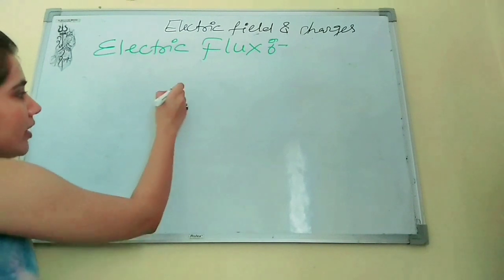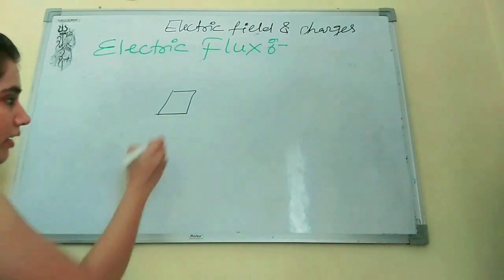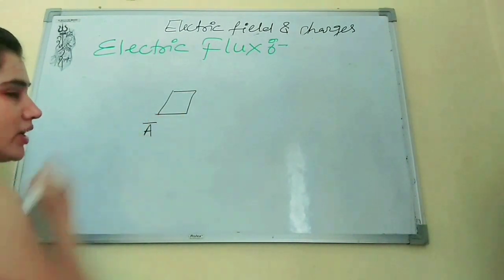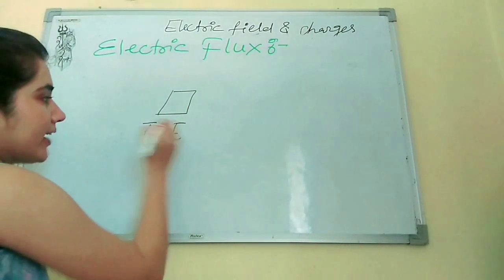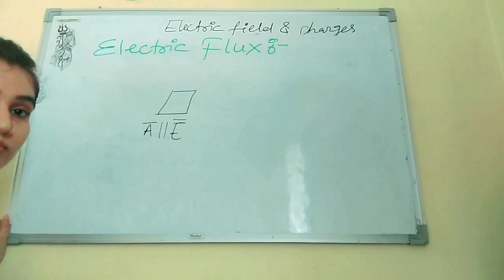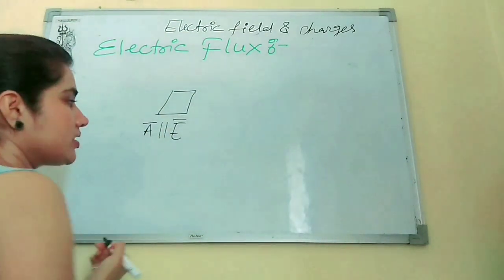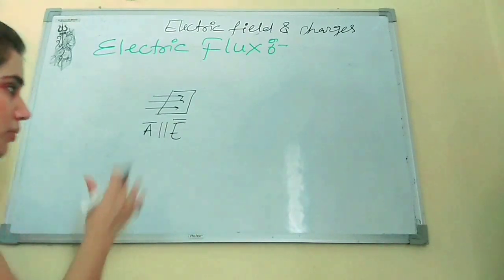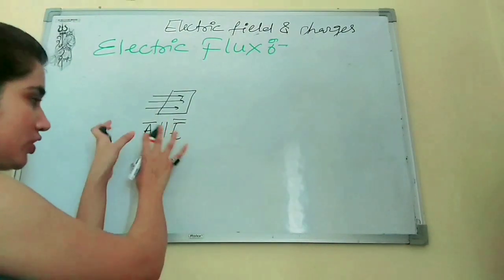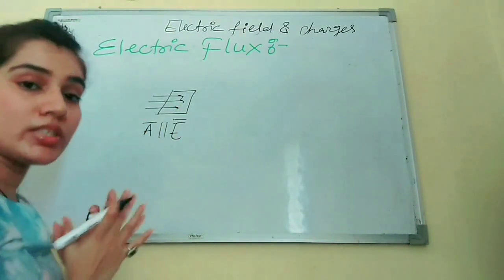Now, if the area of any surface is perpendicular to the electric field lines, this is the area and the lines are appearing like this. Are both perpendicular? No, both are parallel to each other.